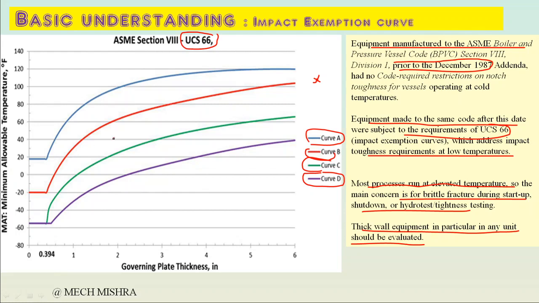If I am dealing with curve D and my thickness is 25 mm, meaning 1 inch, and temperature is 30, then if I am falling on this curve or below, impact testing is not required. But if I am falling anywhere above this curve, then impact testing is required.